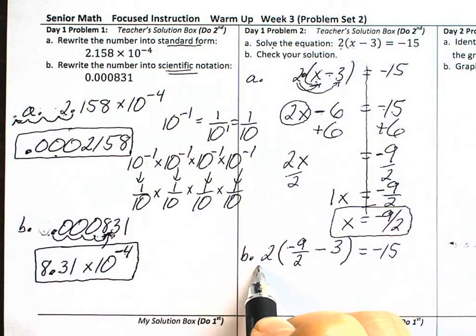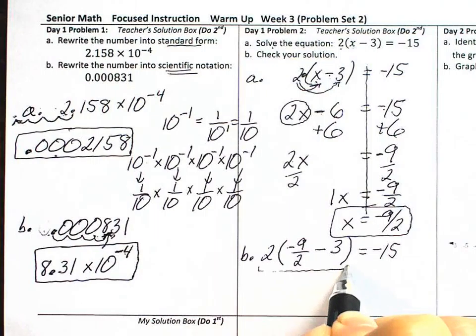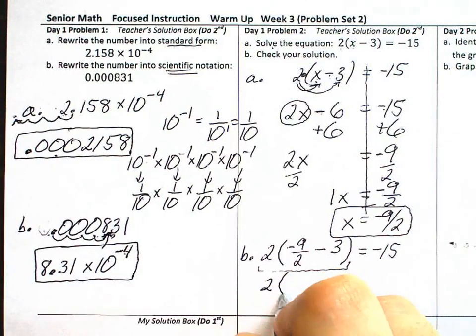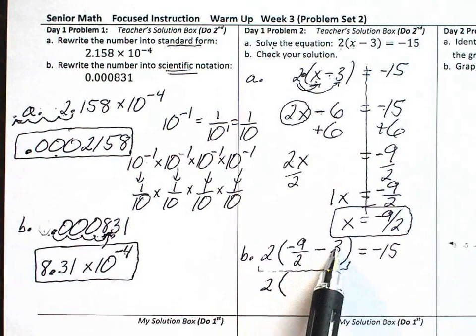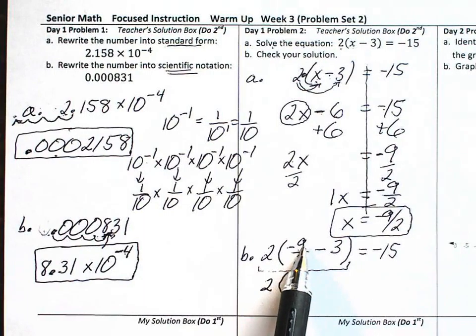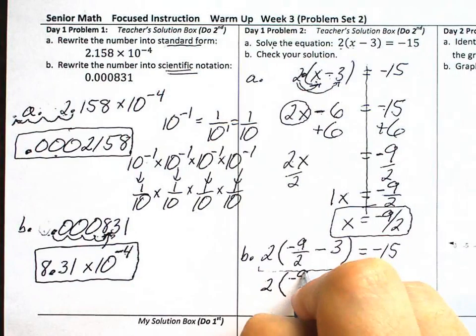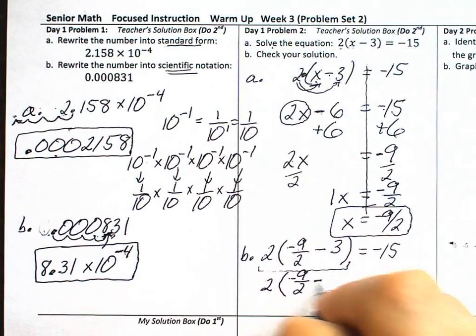Well, let's work this out right here and see if it does make negative 15. Okay. So following the order of operations, we need to work in the parentheses first. We have negative 9 halves, and we want to subtract 3. Okay. So negative 9 halves, subtract.